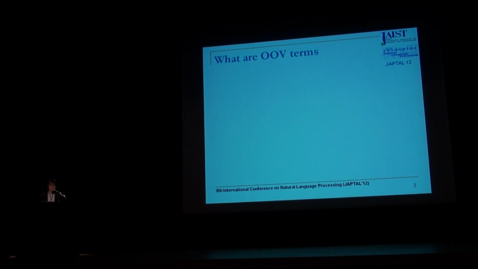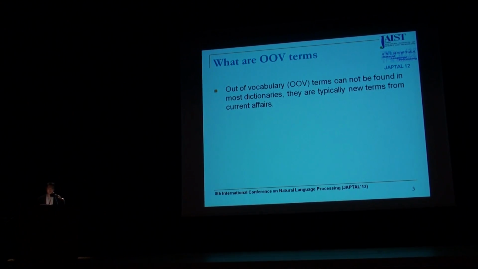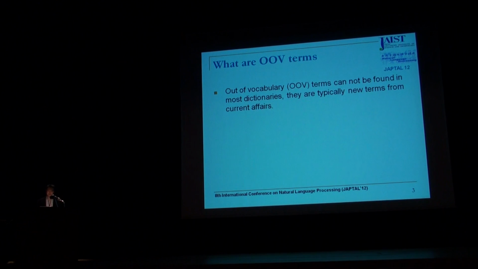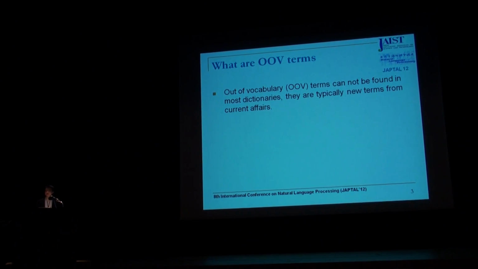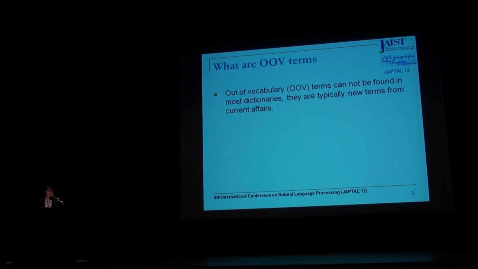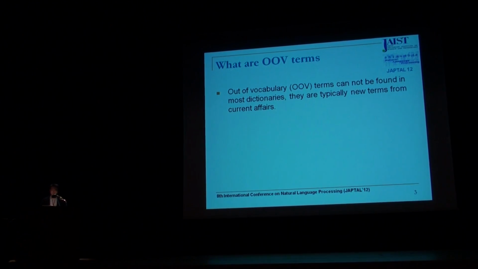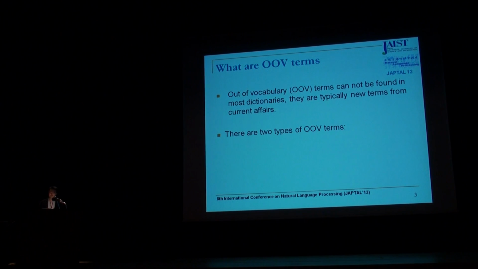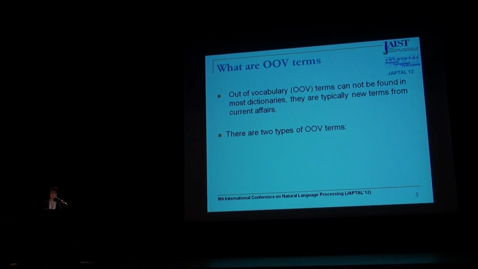So basically, what are OOV terms? Out-of-vocabulary terms cannot be found in most dictionaries. They are typically new terms of current appearance, such as personal names like Obama or Bush. According to our observation, there are two types of OOV terms.